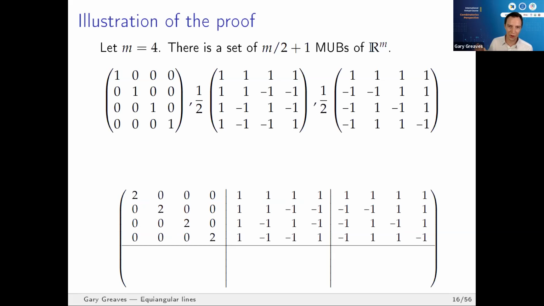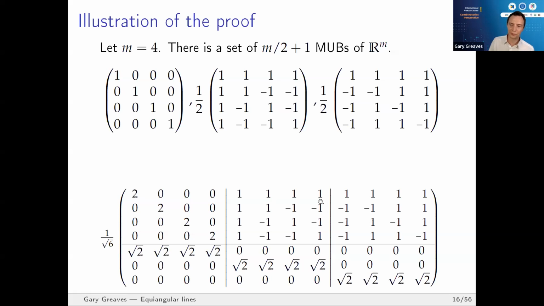The absolute value is not a constant. Because sometimes we get 0, or sometimes we get 2. So if I take this inner product here and here, I get 2. If I take this one and this one, I get 0. So this is not yet an equiangular line system. So now we're going to add on some extra rows just to make it work.